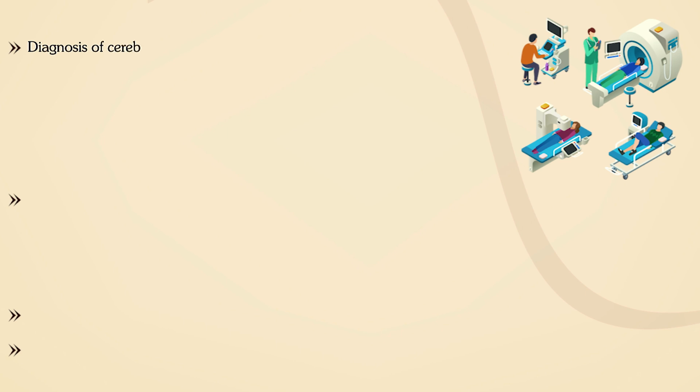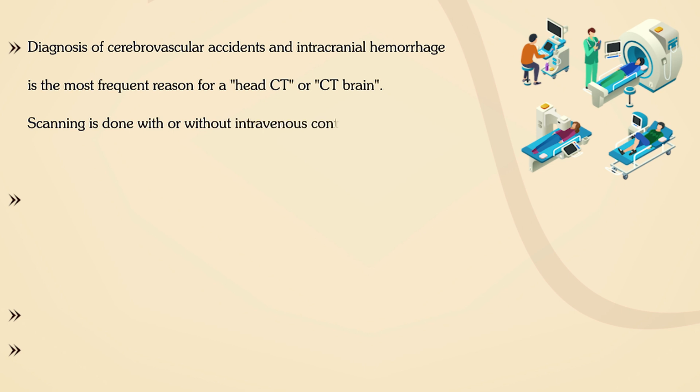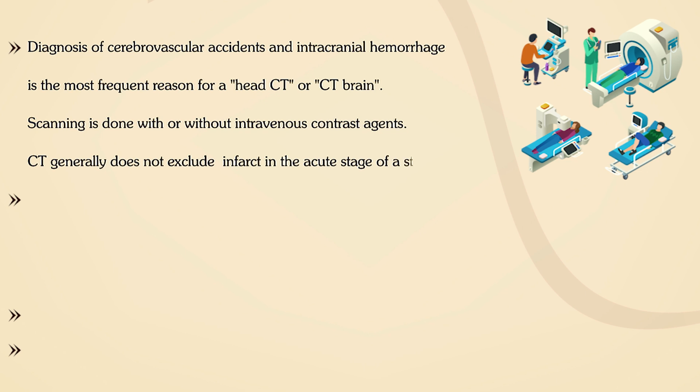Diagnosis of cerebrovascular accidents and intracranial hemorrhage is the most frequent reason for a head CT or CT brain scanning, done with or without intravenous contrast agents. CT generally does not exclude infarct in the acute stages of a stroke.